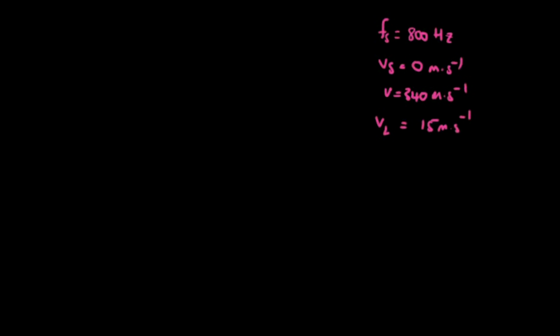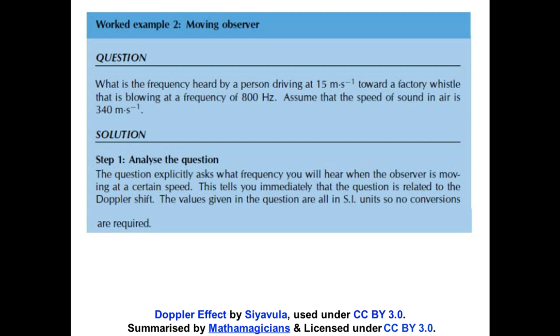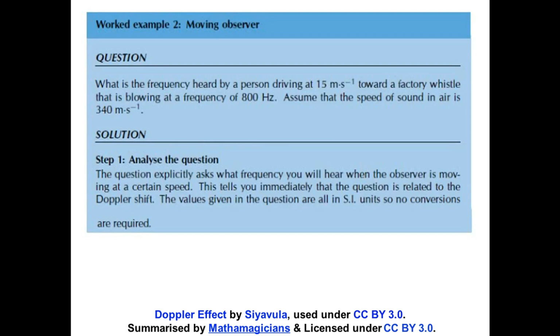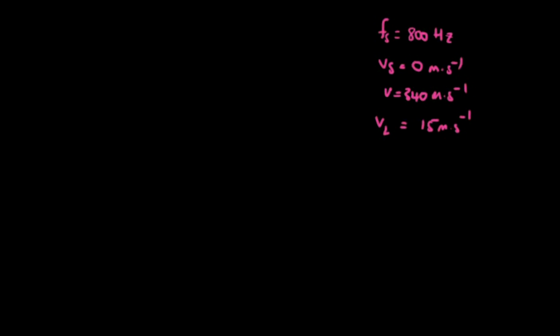Now remember, they say it's driving towards a factory. So remember in the signs, they said that the listener is moving towards the source. Therefore, VL is positive here in this question. It's driving toward a factory, so this is a positive 15 meters per second.